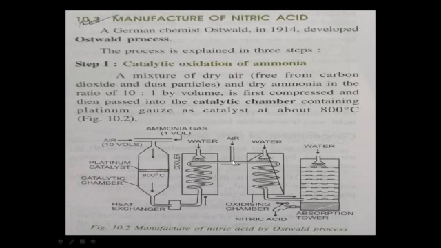Then we will get nitrogen dioxide, and this nitrogen dioxide is cooled here. Then this nitrogen dioxide passes here, and is absorbed here with water. That means nitrogen dioxide combines with water, and when nitrogen dioxide combines with water, we get nitric acid.